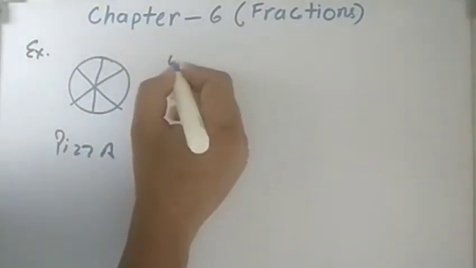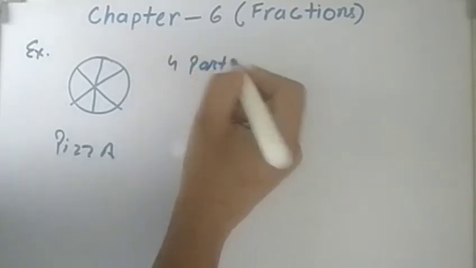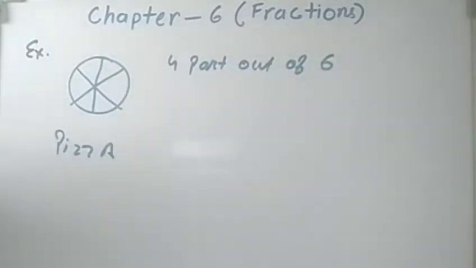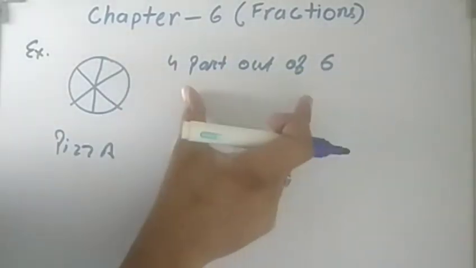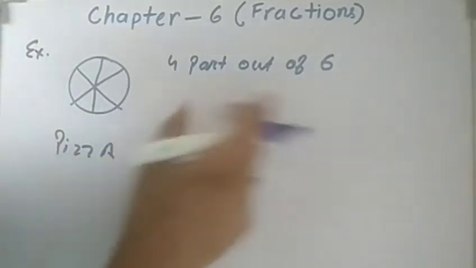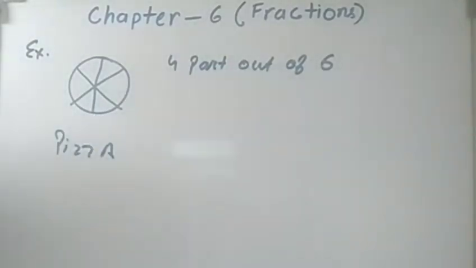I ate 4 parts out of 6. Okay, so how can I represent this thing mathematically?